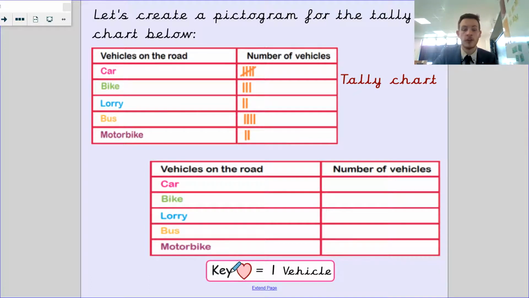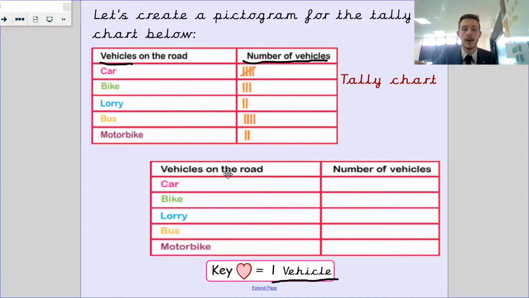But I've said key love heart equals one vehicle because I'm measuring the number of vehicles on the road. One heart is one vehicle. If I didn't put that, my tally chart and my pictogram would not link and they wouldn't make sense.